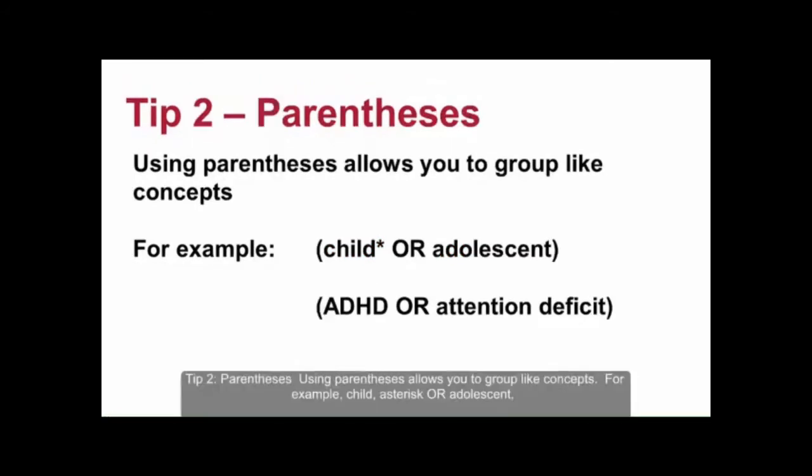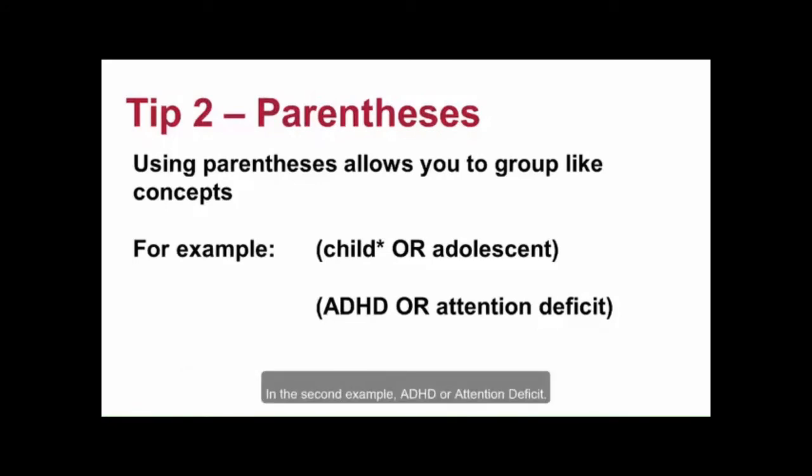Tip 2, parentheses. Using parentheses allows you to group like concepts. For example, child asterisk or adolescent. In the second example, ADHD or attention deficit. Combine the terms together so they'll be processed as a unit, as the Boolean operators are processed from left to right.